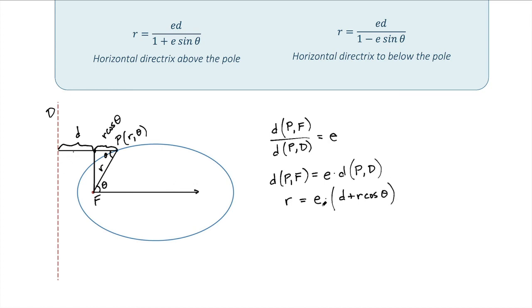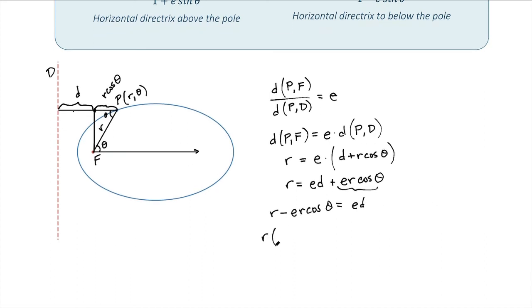Okay, so now if I distribute this E, I get r equals ED plus ER cosine of theta. Now I'm going to isolate r, so I'm going to move this term to the left, and I get r minus ER cosine of theta equals ED. Now factoring the r out, I get r times 1 minus E cosine of theta equals ED. And now we can divide by 1 minus E cosine theta to get r.